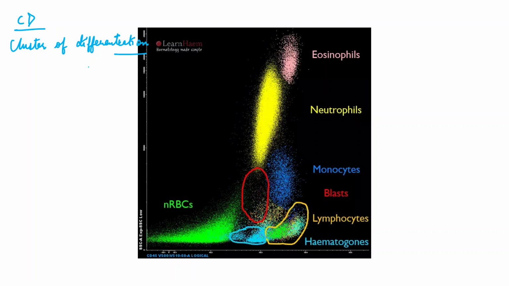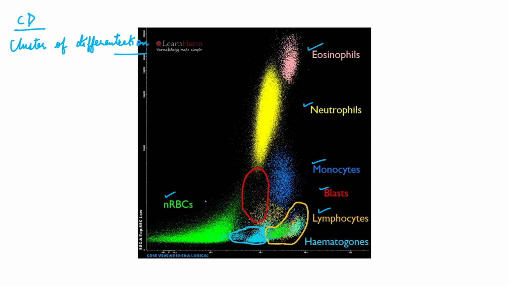It is the knowledge of these specific clusters of differentiation sites on different kinds of cells that is mostly exploited in our flow cytometry applications. For example, if you look at this graph, this is flow cytometry data, and as you can see, we have RBCs, then lymphocytes, then blasts, monocytes, neutrophils, and eosinophils.